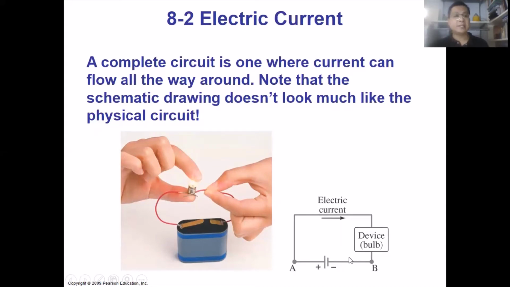If we look at the circuit figure, we have the positive and the negative with one link of connection. If we put a device such as a bulb between the positive and negative, the bulb will light up because the current flows.